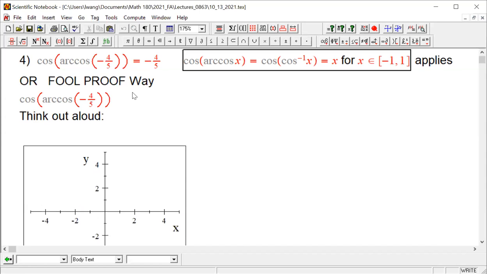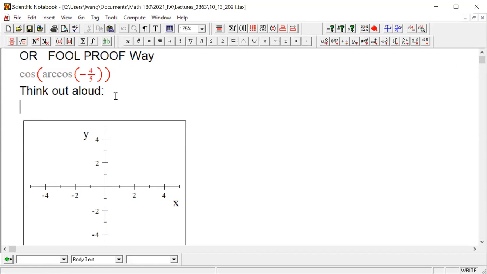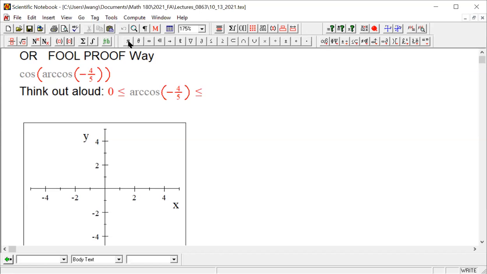If you listen to my past lectures, I use think out loud a lot. But anyway, this is my think out loud. I know this quantity is going to give me an angle between 0 and pi.